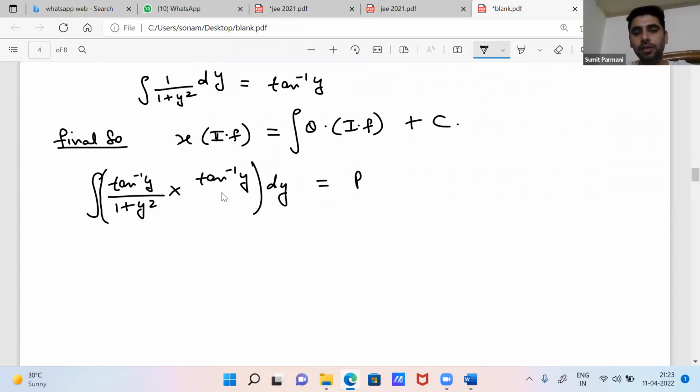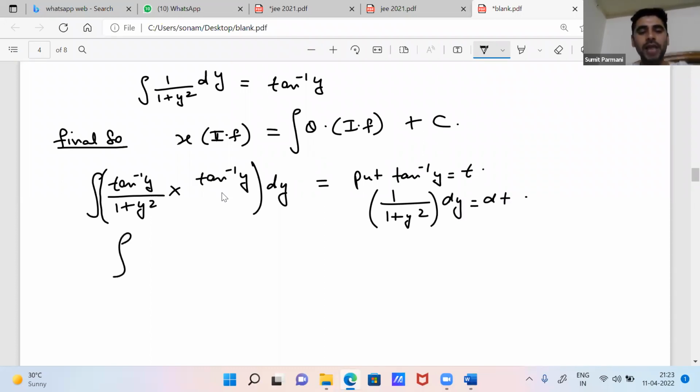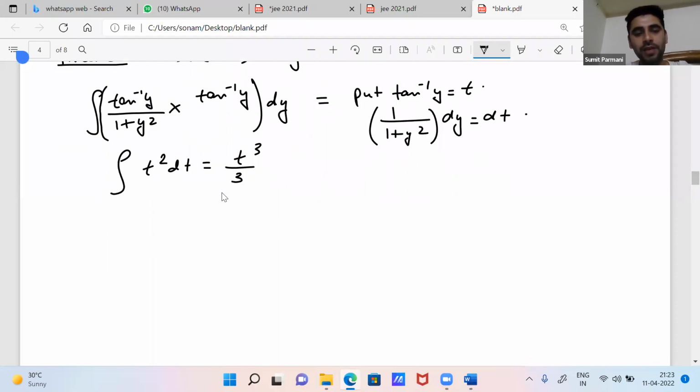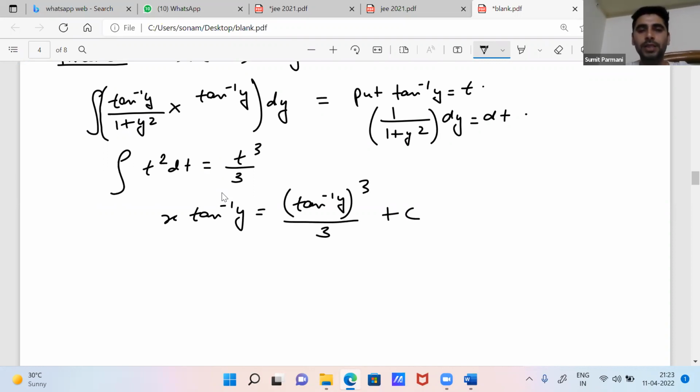So for this, put tan inverse y is equals to t. So you have 1 by 1 plus y square dy is equals to dt. You can write it as t square dt. This will be your t cube by 3. So what is the final answer? Answer we have x into tan inverse y is equals to tan inverse y whole cube by 3 plus c.